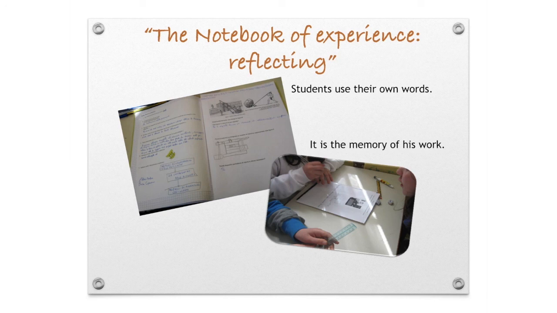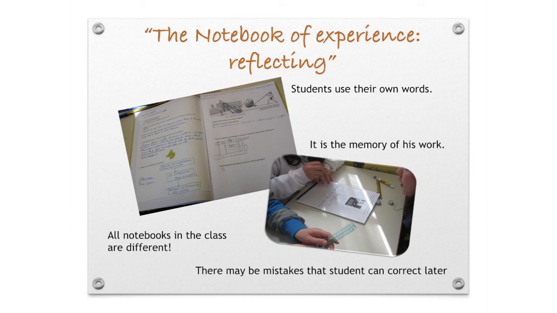The students always have with them all the activities they have made and all the parts into which the activity is divided. Moreover, all the notebooks in the class are different, so different students can make different reflections, and this is very useful for the next phase, the sharing. And finally, coming back to older pages, the students can correct their mistakes.